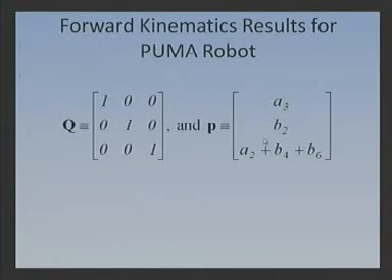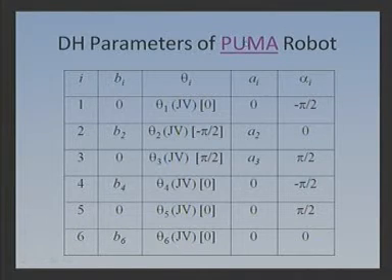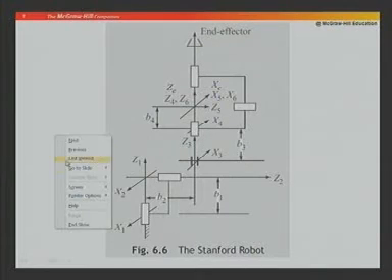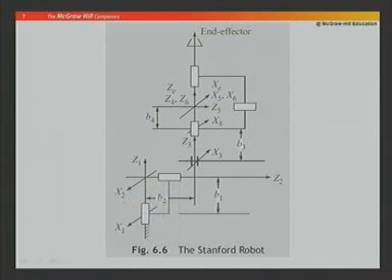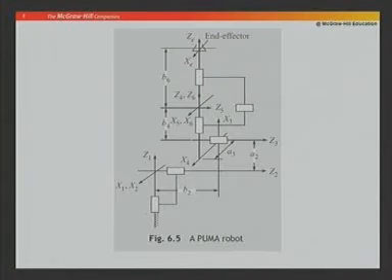P stands for the origin of the end effector from the coordinate frame, with A 3 and B 2. Let us remember the first two. I will show you. Which means this distance, where x 1, x 2 is here, so we are talking about this distance.